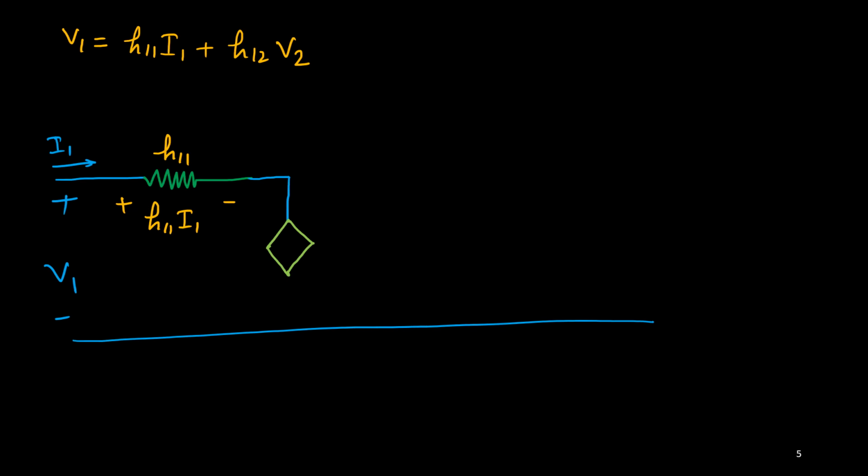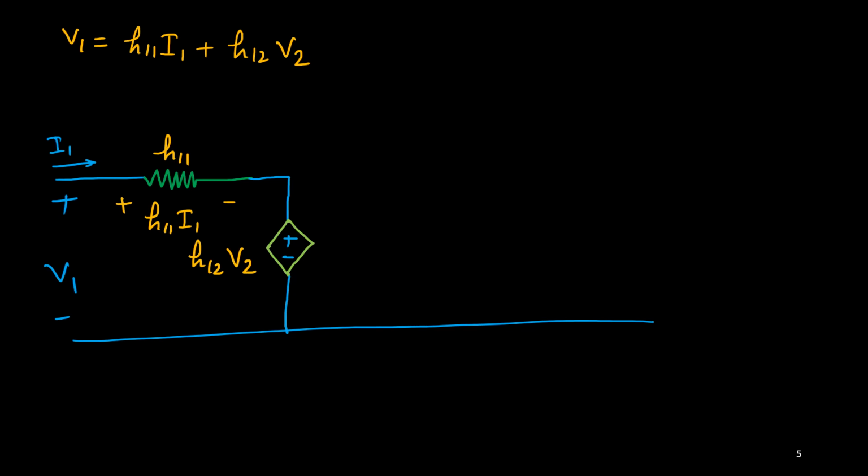So this is a voltage, this is the plus sign and this is the minus sign, and this value will be H12 and V2. So it is a voltage dependent voltage source, right?